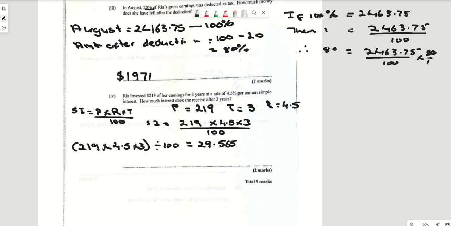And dollars have how many decimal places? 2 decimal places. So a line is going to be drawn between 6 and 5, and you look to see if the number after your line is 5 or more. It is 5, so you have to add 1 to that 6. So my answer would be $29.57. And that is how we would do this question.